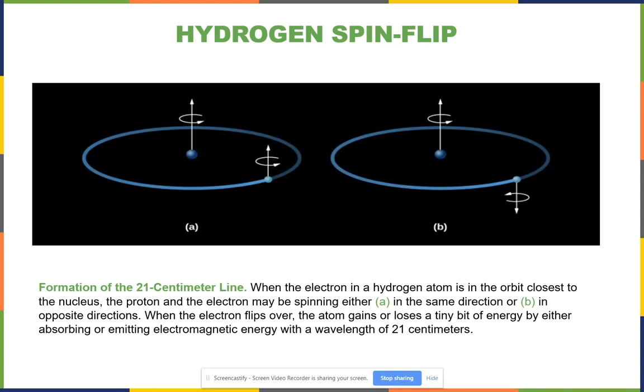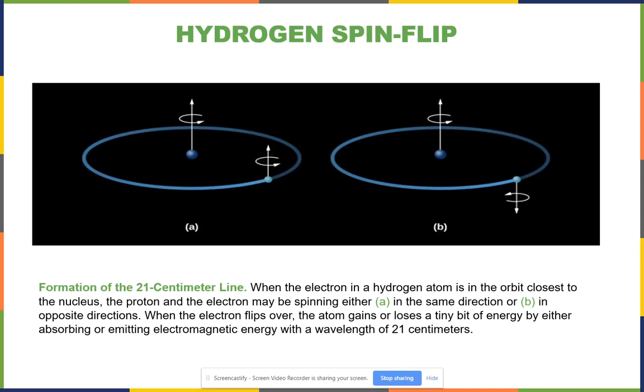Actually, no, it is aligned together as lower. And so there's an energy difference between the two, and he said that energy difference, if you convert that into a photon, remember energy is equal to hf for a photon, that gives you a wavelength, of course, frequency times wavelength is speed of light, of 21 centimeters.